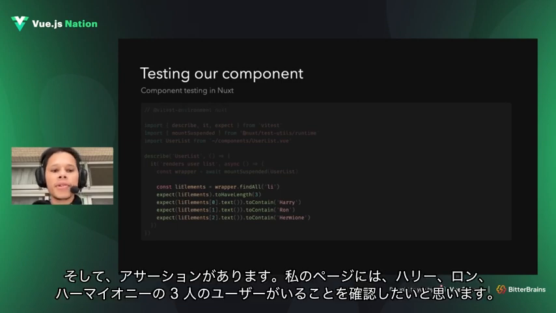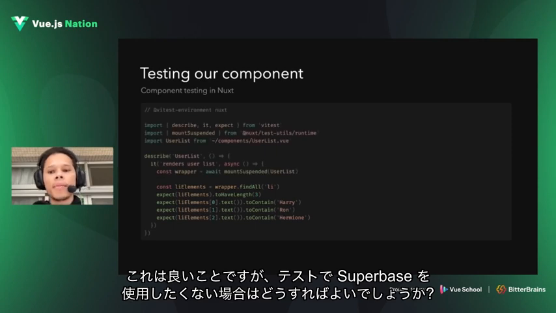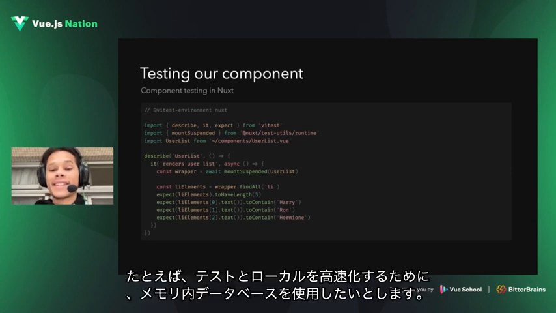And then we have the assertion. I want to check that there are 3 users, Harry, Ron, and Hermione, on my page. So this is good, but what if I don't want to use Supabase in my test? Say I want to use an in-memory database to speed up testing locally.